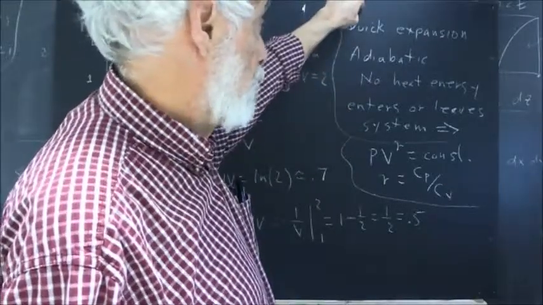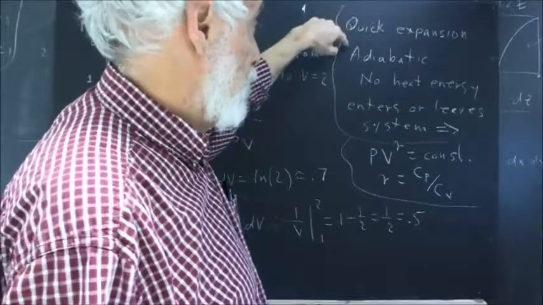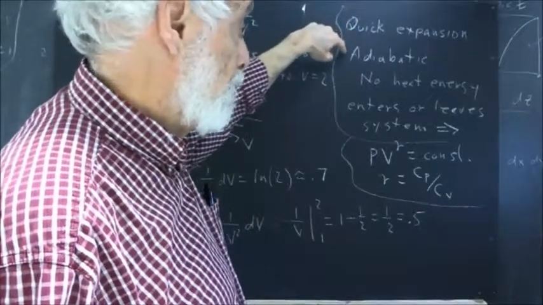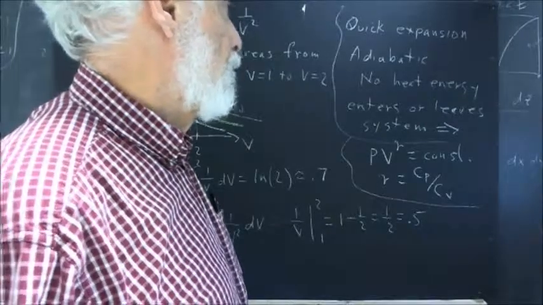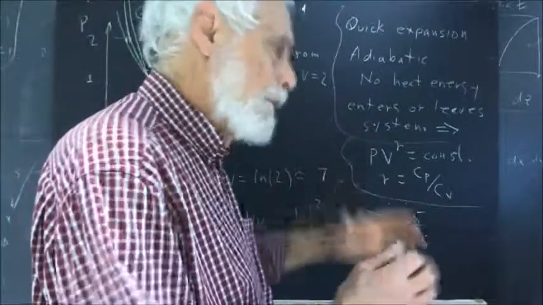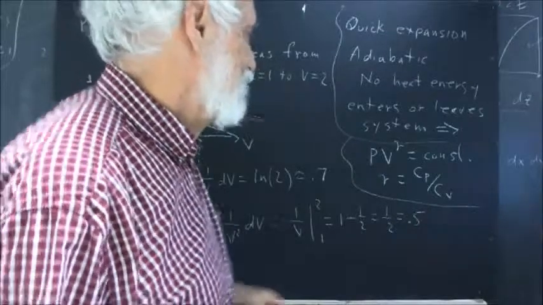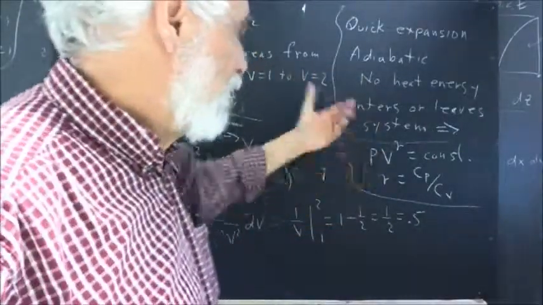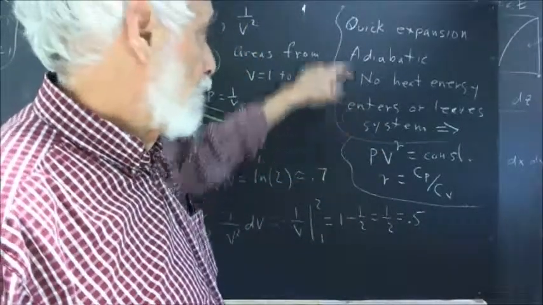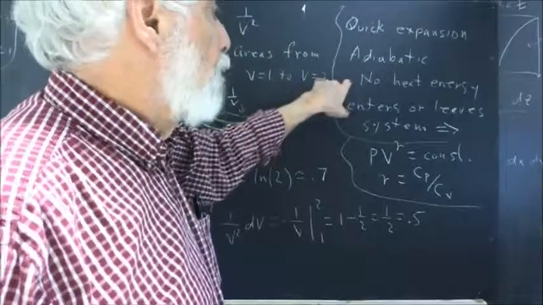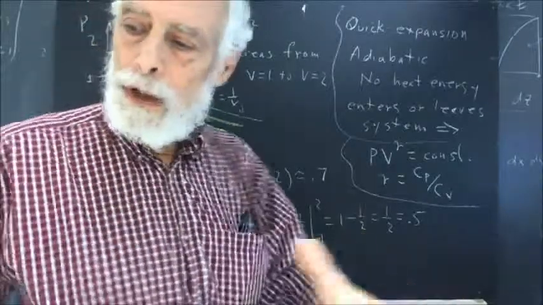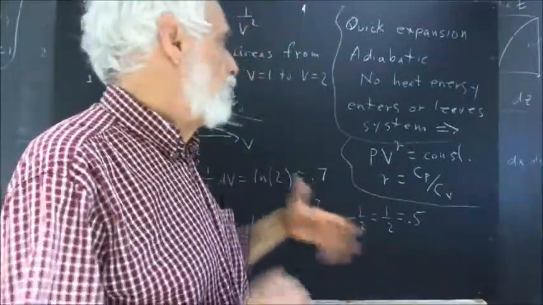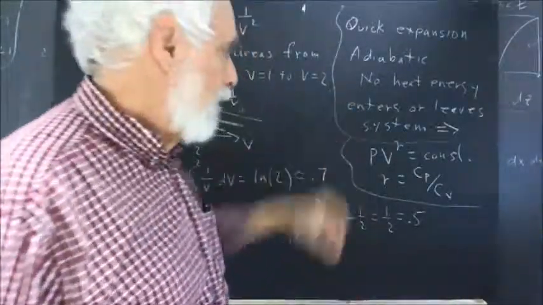In a quick expansion, typically, it just about has to be adiabatic, unless, of course, you're exploding fuel in a system. Okay, but let's not worry about that. So, no heat energy exchange. That's what adiabatic is. The kind of quick expansion I described with the model is typical of an adiabatic expansion.